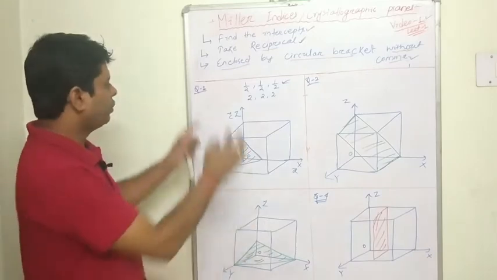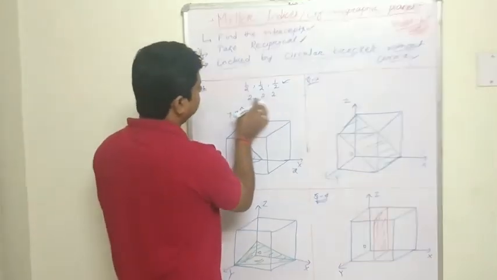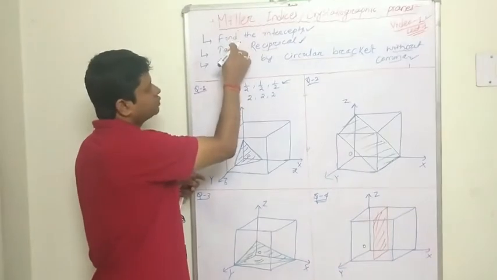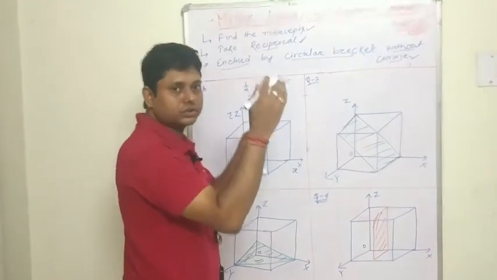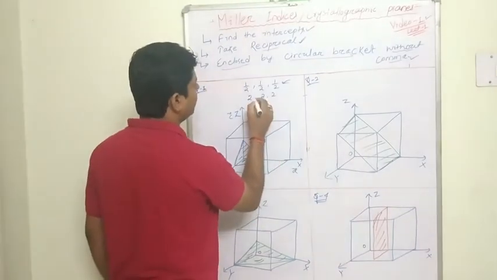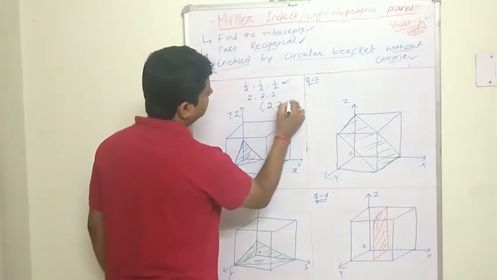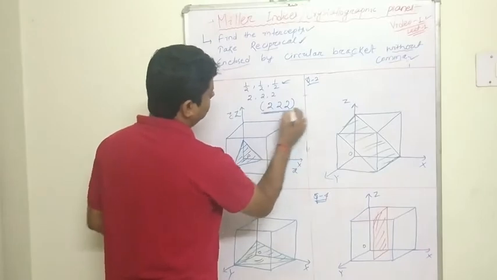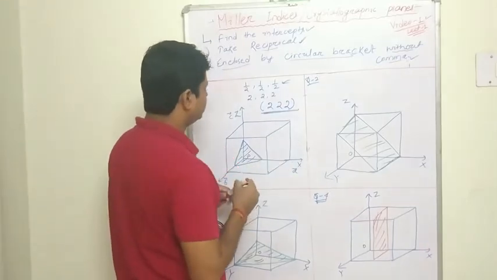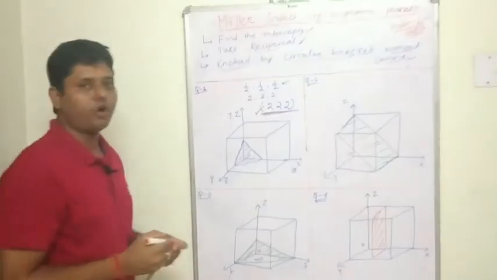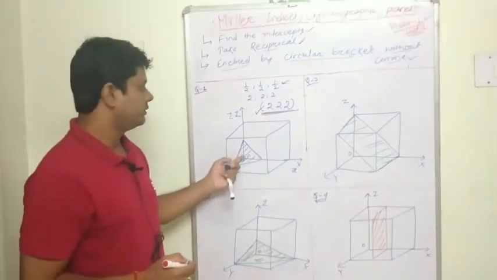Then we enclose the result in circular brackets without any comma. We remove the commas and enclose these values in brackets. This is our so-called Miller indices of the plane.